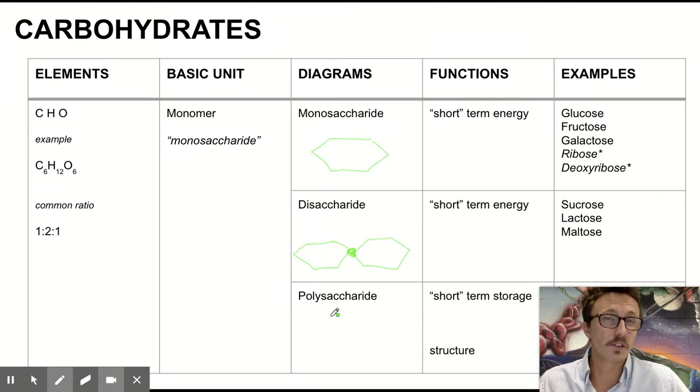Now, if you remember our discussion of polymers, right, how many monomers are in a polymer? Many, right? So we would have at least 3 monomers being held together to form our polysaccharide, which would mean many sugars, right?